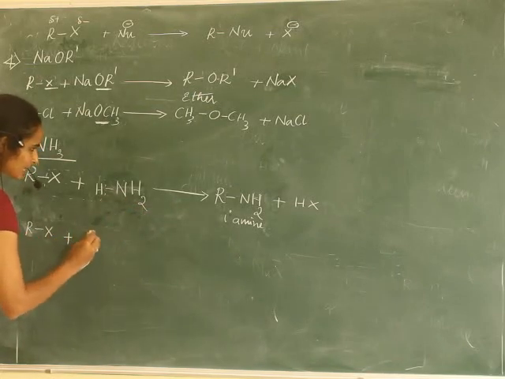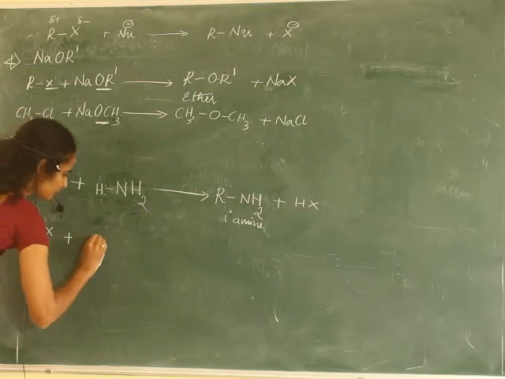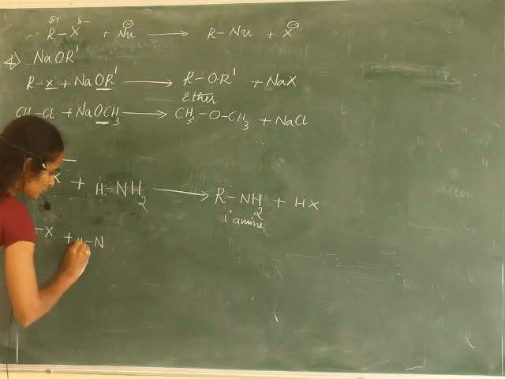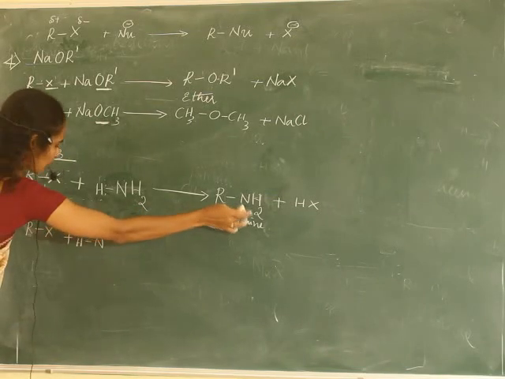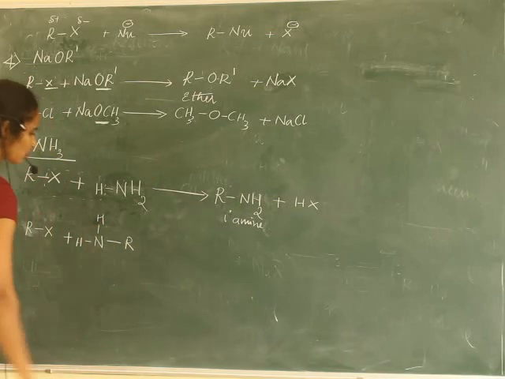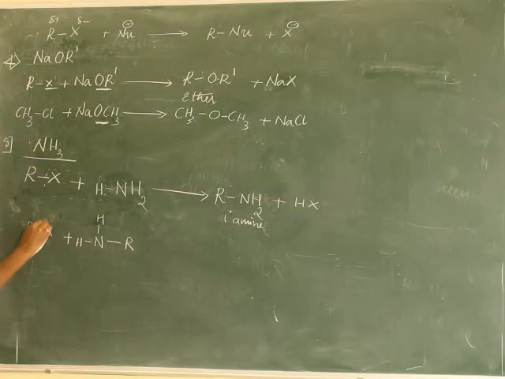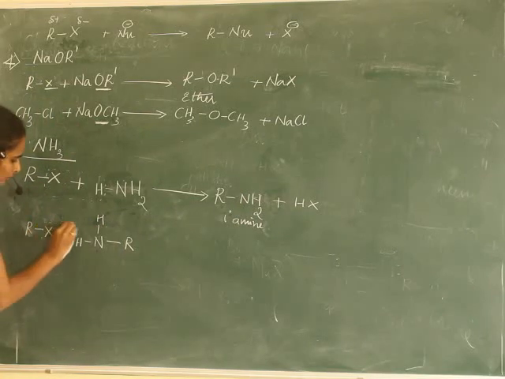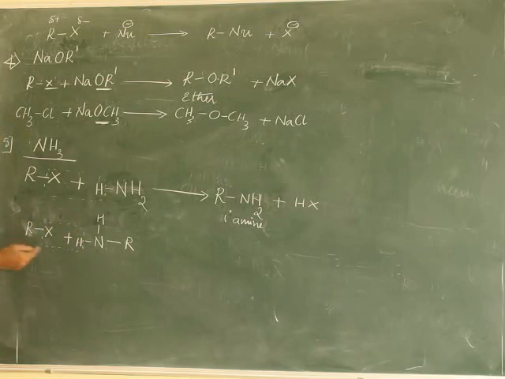For your convenience I will write this as NH. For this nitrogen atom, 2 hydrogen atoms are attached and 1 R group is attached. Now as I said, you can remove the HX molecule here, and a bond between NHR and R takes place.